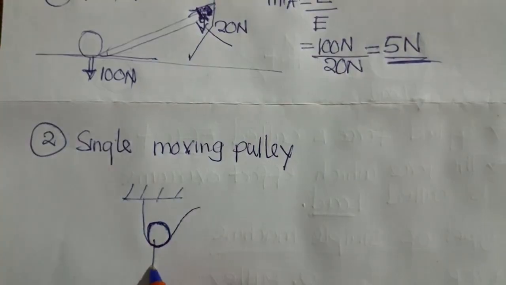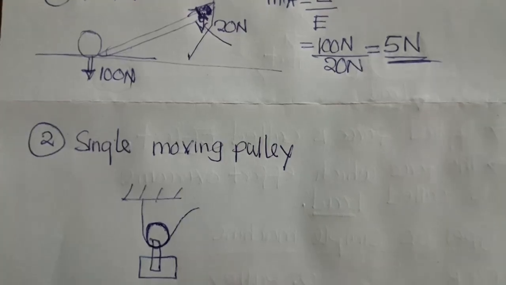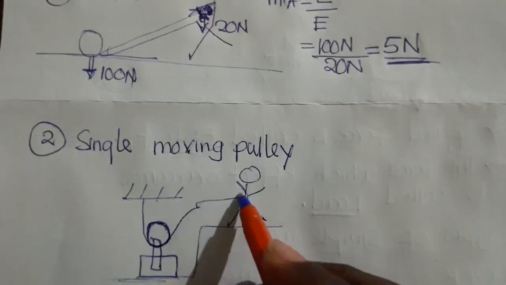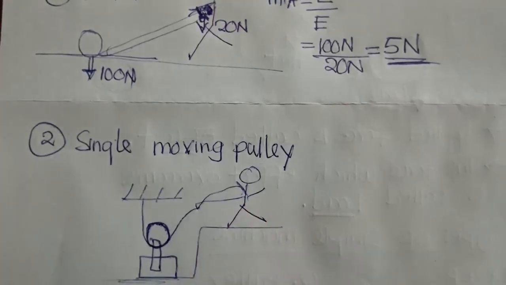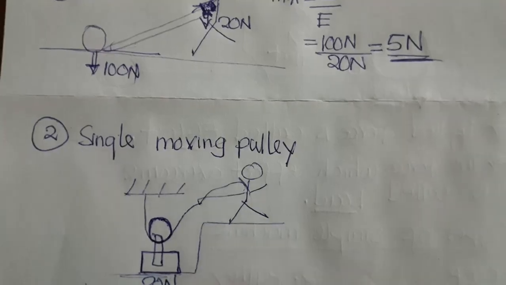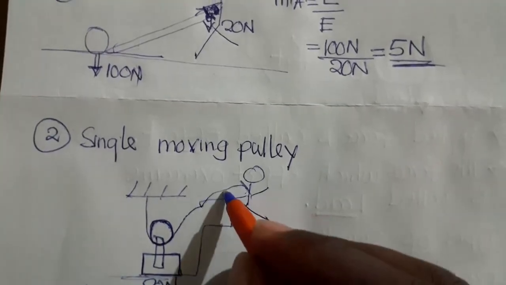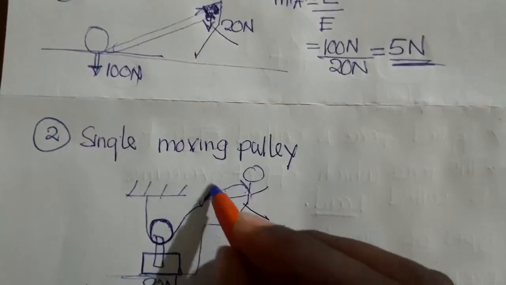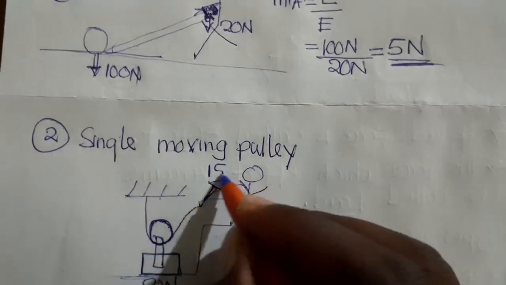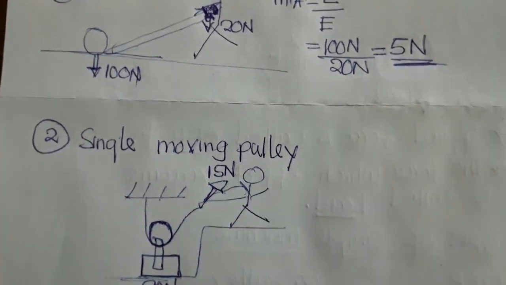The thing is down there like this, and the person is pulling this thing. Here, this load is 30 newtons. I just want to test your understanding. On top there, we've got 15 newtons, like that.